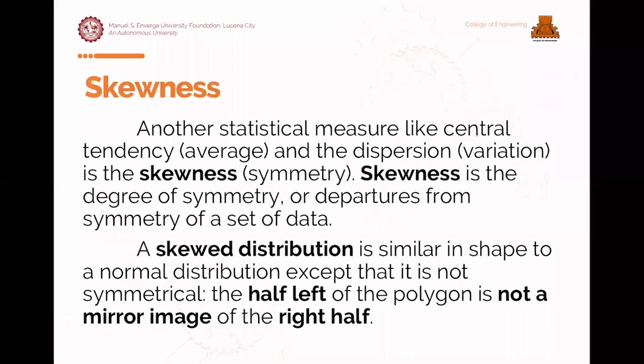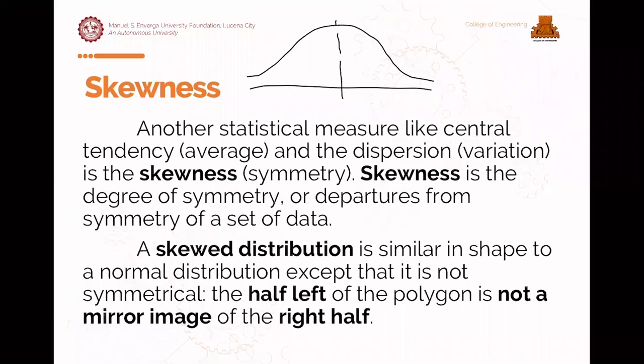So, how far it is. A skewed distribution is similar to the shape of a normal distribution curve, except that it is not symmetrical. So, what does a normal distribution curve look like? It is a bell curve like this, no? This is our center, and the left and right, although not 100% similar, are mirror images of each other.